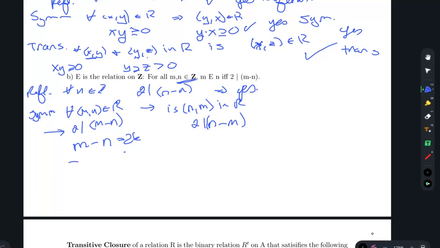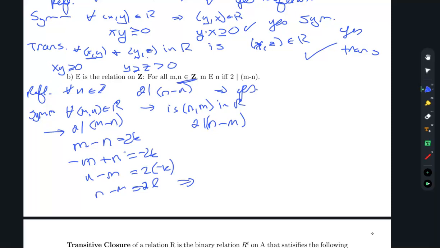If I multiply by a negative, I get negative m plus n equals negative 2k. So that's n minus m, and with a little configuring, this gives us 2l. So n minus m is 2l, which says 2 divides n minus m. I got there. So yes, symmetric.